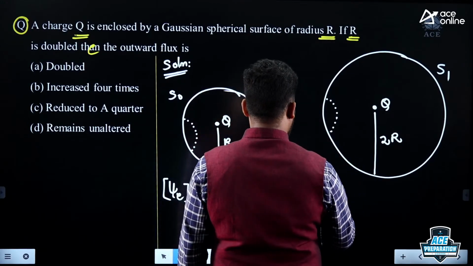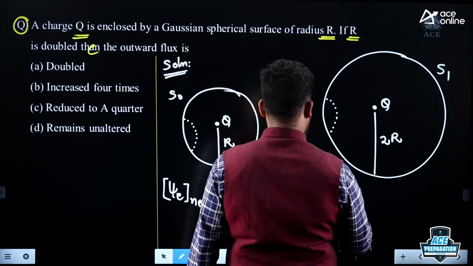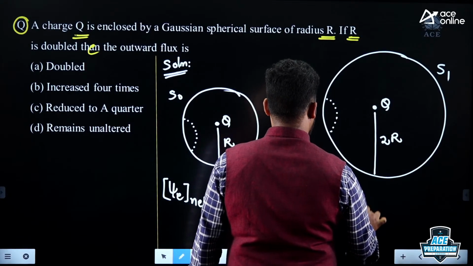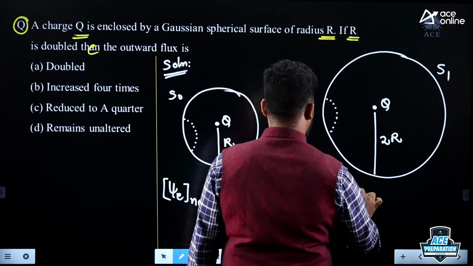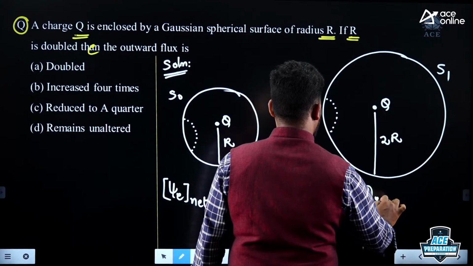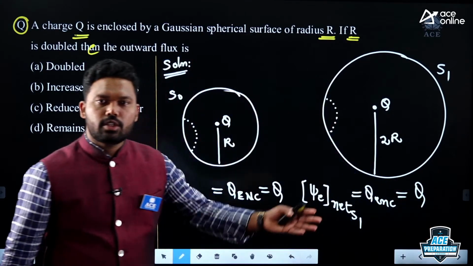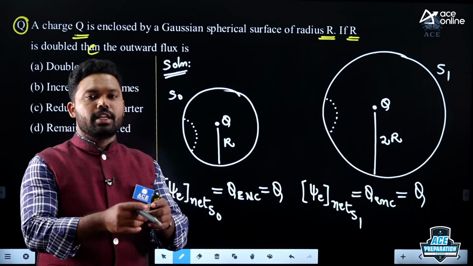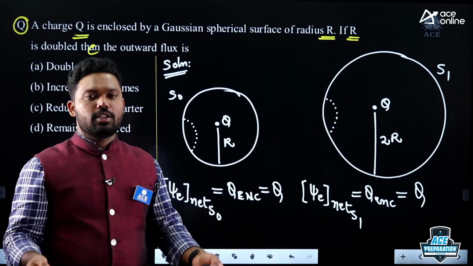So what is the net electric flux? Charge enclosed. What is the charge enclosed? It is Q, the same. Whether it has a radius r or 2r doesn't matter. What is required is the charge enclosed.